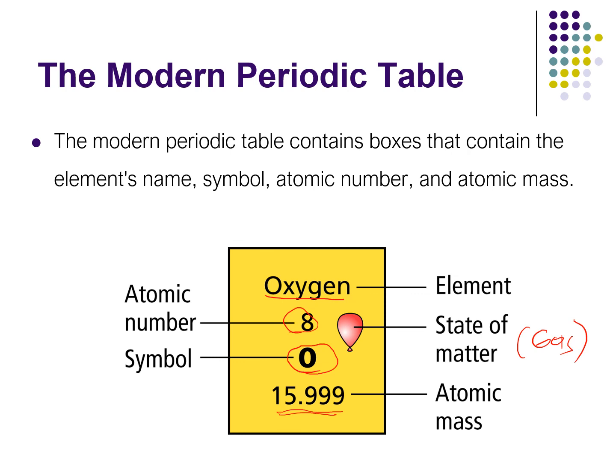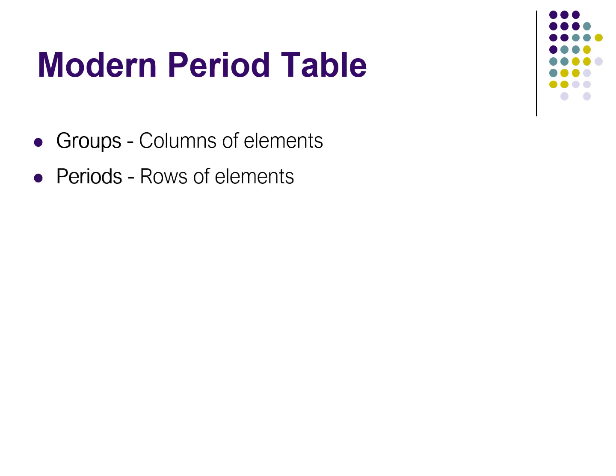Okay, now, the modern periodic table. In our modern periodic table, the elements are arranged in two ways, which gives us two terms: groups and periods.